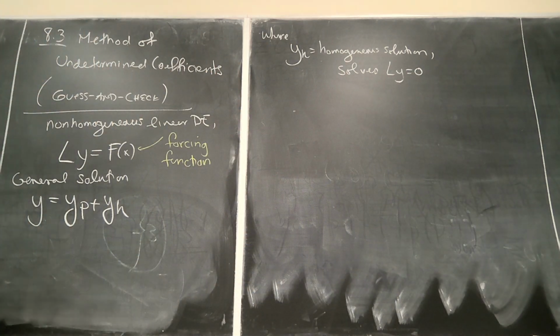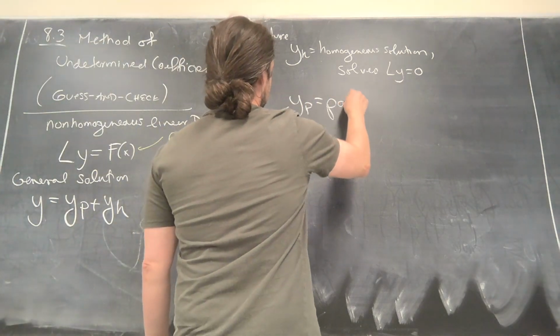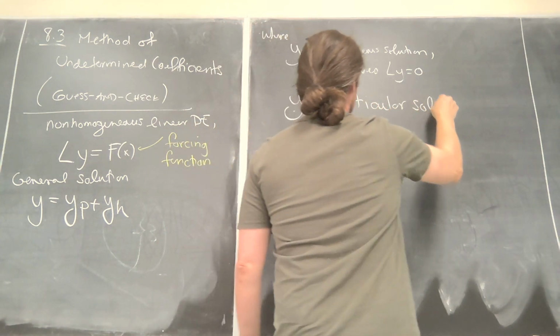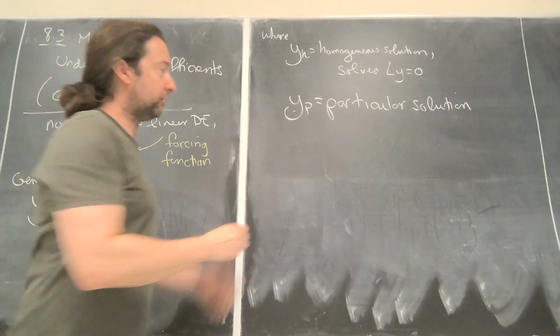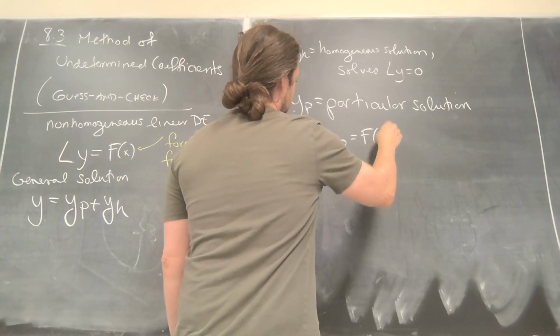So part of it is the stuff that the differential equation turns into nothing, like the plus c when you're integrating. And yp is called the particular solution, a specific function with the property that L of yp is equal to f(x).